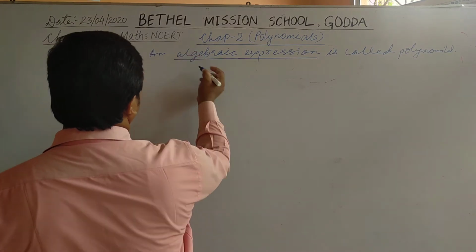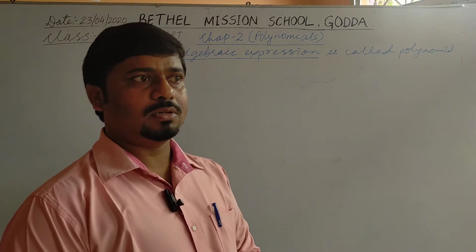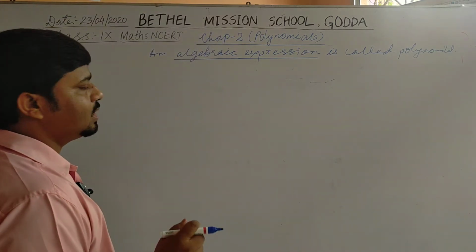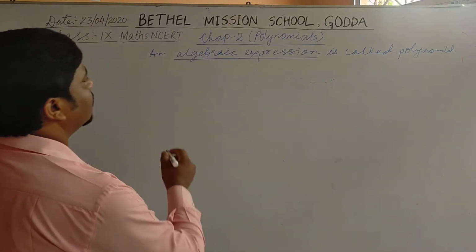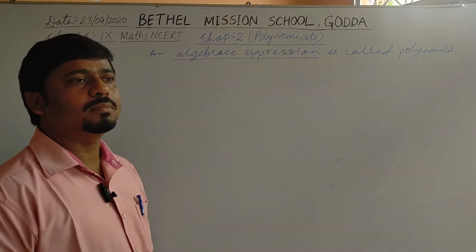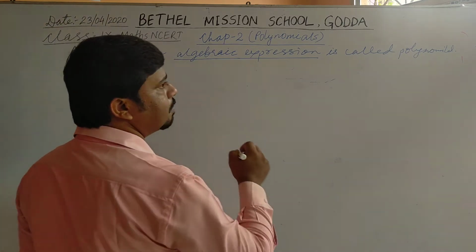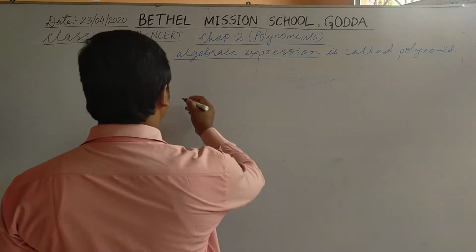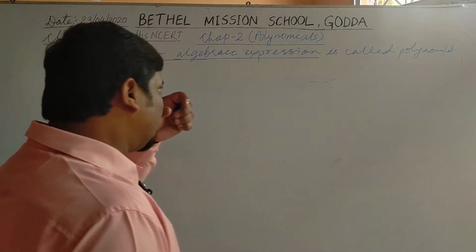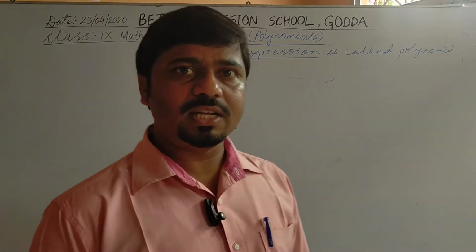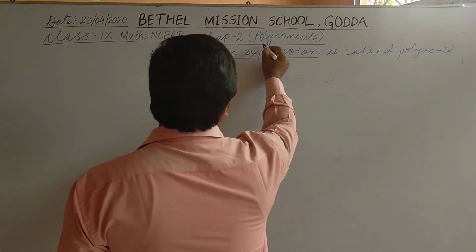Algebraic expression means an expression having the combination of constant and variable with 4 fundamental operations: plus, minus, multiplication and division. That is called algebraic expression. So polynomial is an algebraic expression.